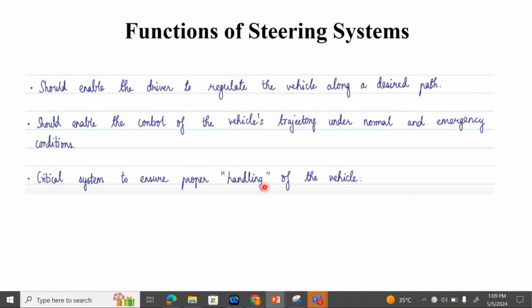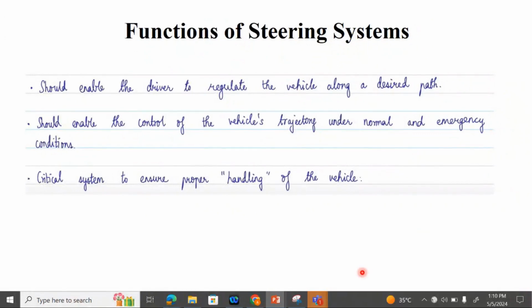Suppose the vehicle is running, be it a commercial vehicle or a passenger car, and any object or person comes in between, the vehicle should have the emergency condition to stop and have proper control, for which the steering system is very important, to control the vehicle trajectory in case of any emergency.